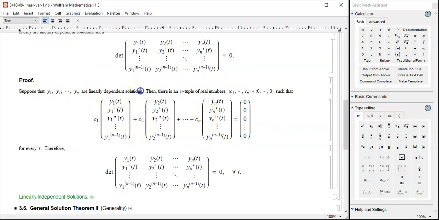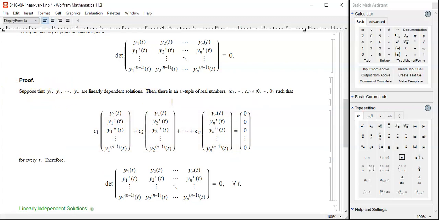Linearly dependent means there exist certain C1 through Cn, not all of them 0, some of them may be non-zero, yet the linear combination is equal to 0. Originally we have, of course, C1 y1 plus C2 y2, and so on.